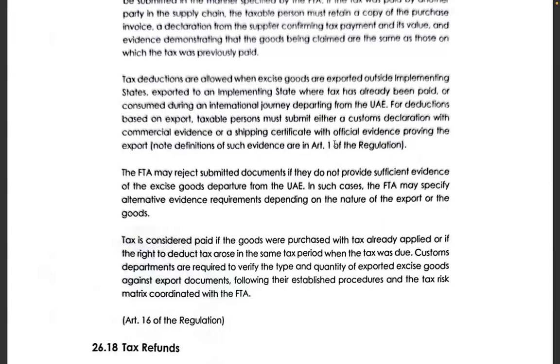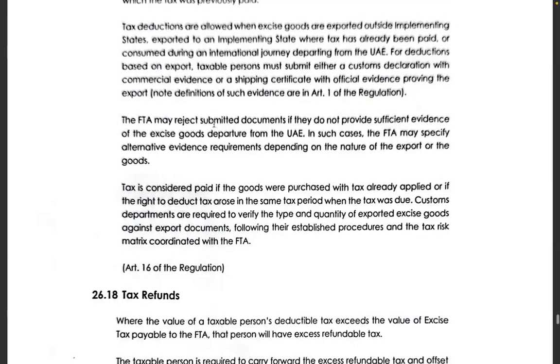So in order to deduct tax on exports of excise goods, the export evidence has to be there. It can be either official evidence or commercial evidence.